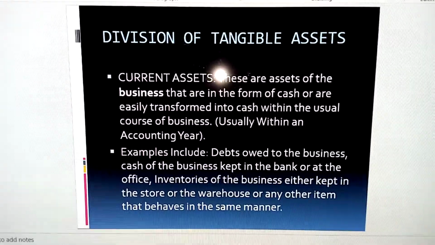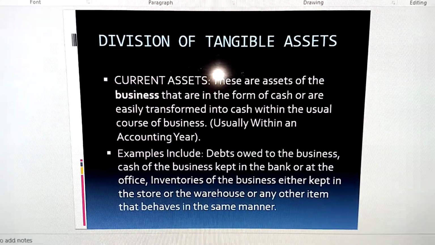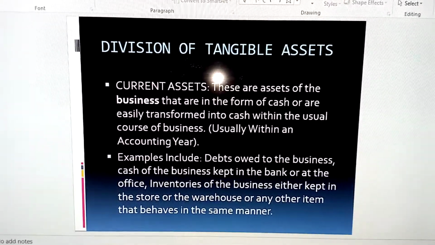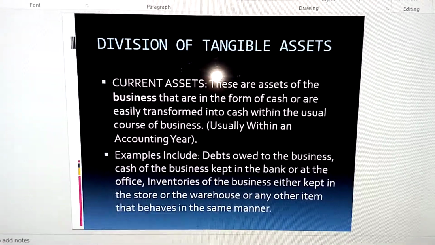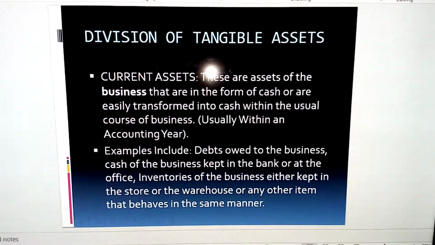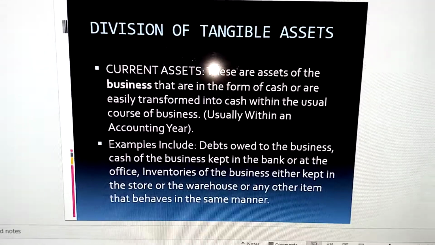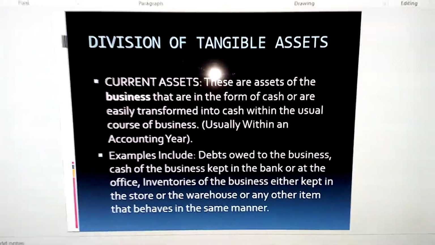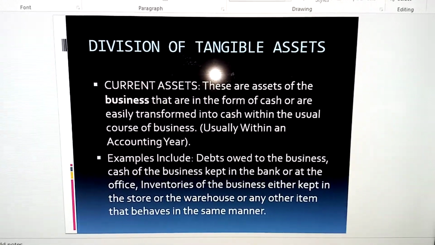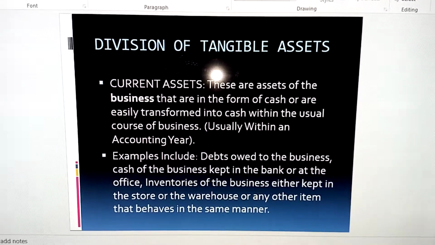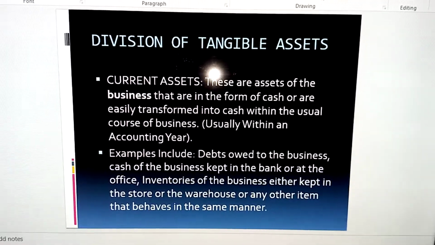Usually, in an accounting year, an accounting year is like a 12-month calendar as adopted by any business organization. It can be January to December. It can be February to the 12th month of the following year.